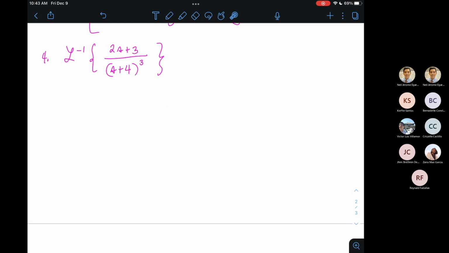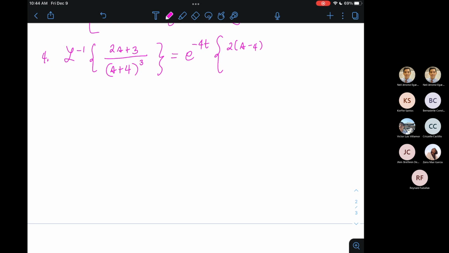Siguro, i-exponential shift ko muna ito. So I want to move s 3 units to the left. So in order to do that, I'll need to multiply the inverse Laplace transform by e to the negative 4t, right? So that means lahat ng s's mapapalitan ng s minus 4. So let's do that first in the numerator para hindi tayo matulad dun sa slides na nakalimutan niyang gawin to kanina.